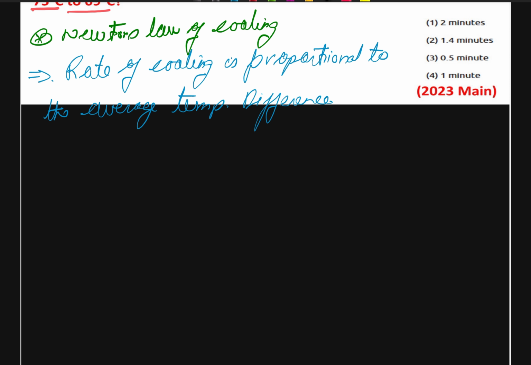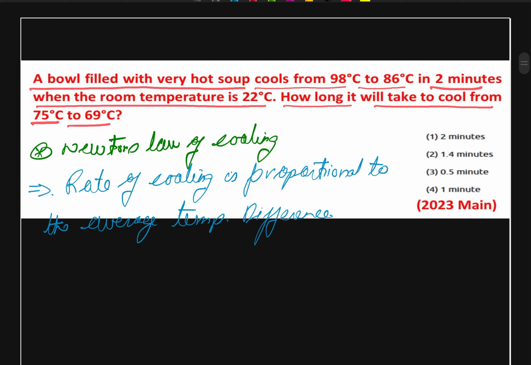So we have two cases. First case, the temperature is varying from 98 to 86, and the second case, the temperature is varying from 75 to 69.